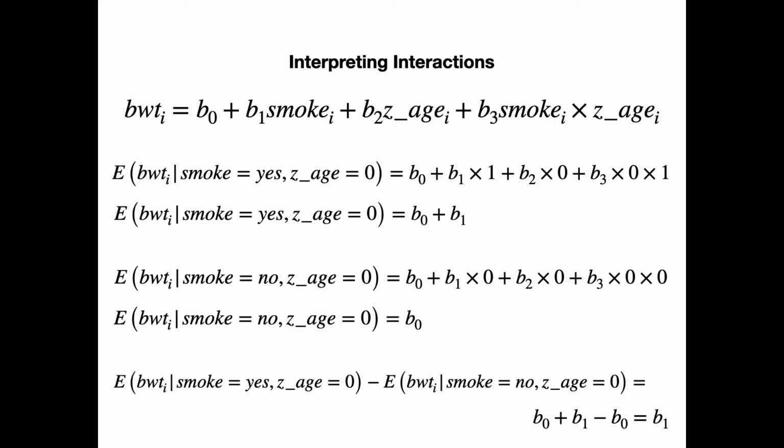Okay, so let's go ahead and interpret B1 here. Okay, that's going to be our main focus here. Okay, the interpretation, and I'll explain why, is this is the difference in birth weight between mothers who smoke and who didn't, at Z age equals 0, right?